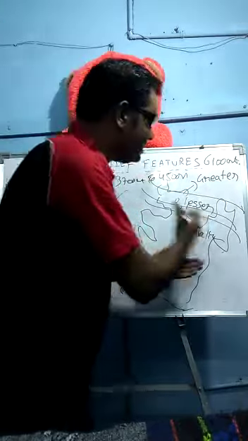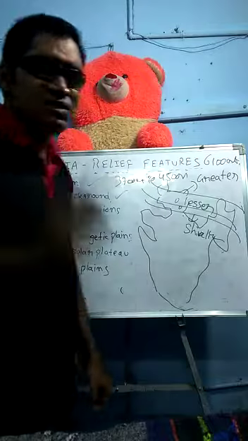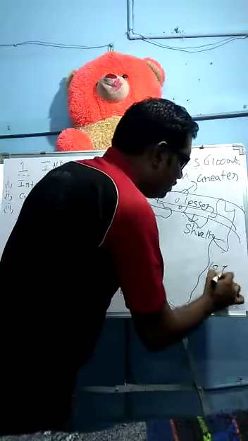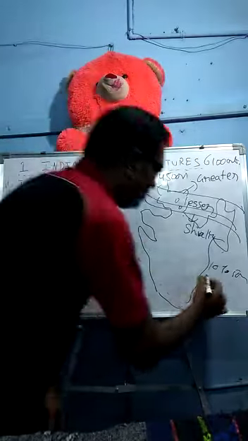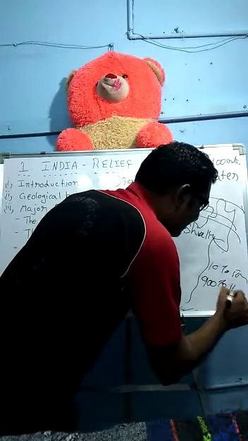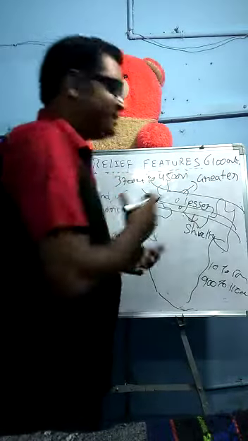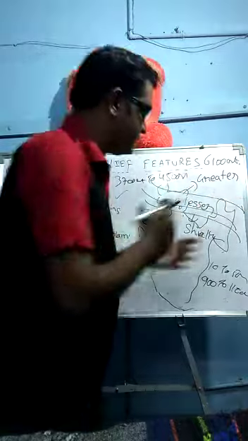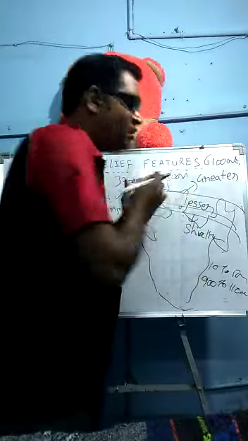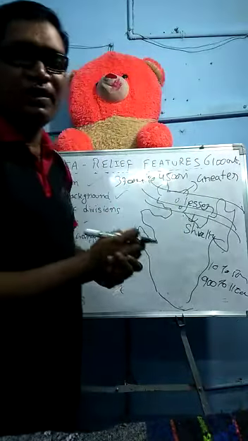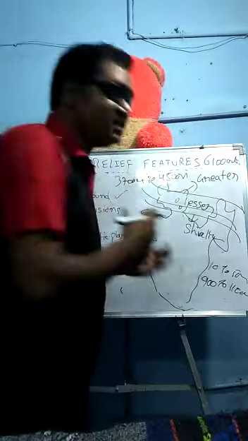On the south side of the Lesser Himalayas, the Shivalik ranges are also there. The width of the Shivalik ranges is 10 to 50 kilometers. The height of the Shivalik ranges is 900 meters to 1100 meters compared to sea level. At different locations, the Shivaliks have different names: in Jammu and Kashmir the Jammu Hills, in Arunachal Pradesh the Mishmi Hills, in Assam the Kachar Hills.